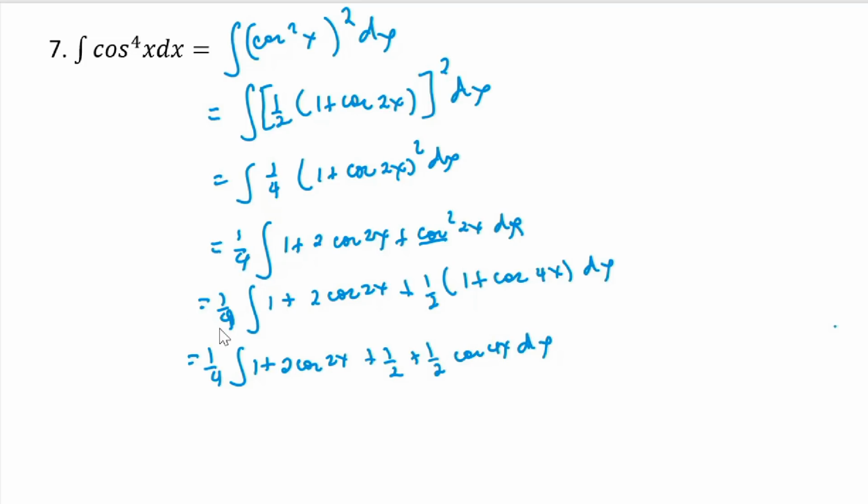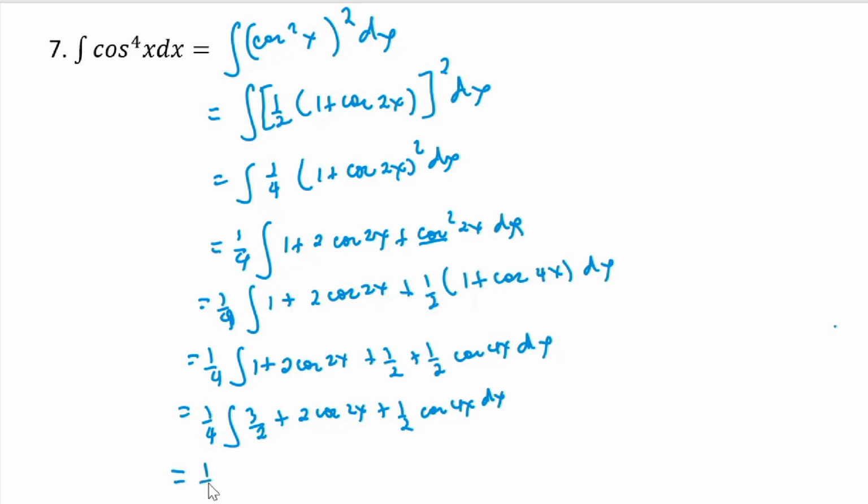Then after that, I'm going now to combine like terms. 1 plus 1 half equals 3 halves. So we have now 1/4 the integral of 3 halves plus 2 cosine of 2x plus 1 half of cosine 4x dx. So from there, we can now integrate.